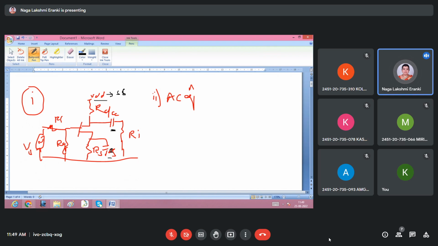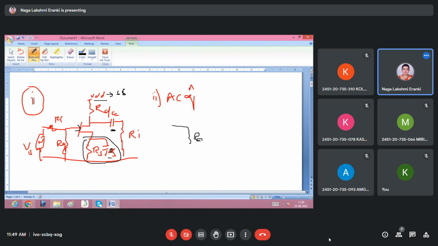This capacitor CC effect will be there at low frequency, and this CS is going to be short circuited because it is connected in parallel. If it is short circuited, RS is also going to be short circuited. So you consider the value of CS to be very large, such that whenever AC current is passing through it, the capacitor is short circuited, and the net effect of RS and CS is shorted. So what is the equivalent circuit we have?